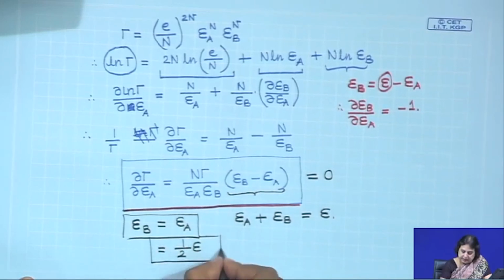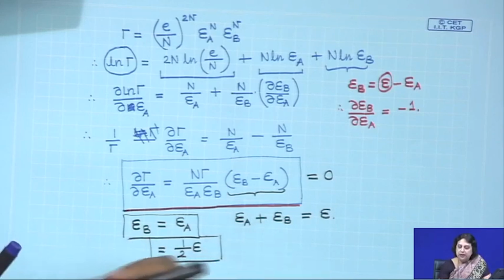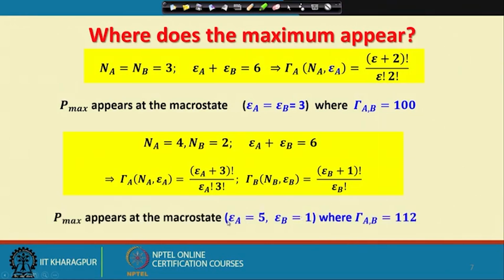Now, using this, we can go back and find out, even in the case of the asymmetric situation, what would be the position of the maximum. We have already shown that the maximum appears at epsilon A equal to 5 and epsilon B equal to 1, where gamma AB is equal to 112.